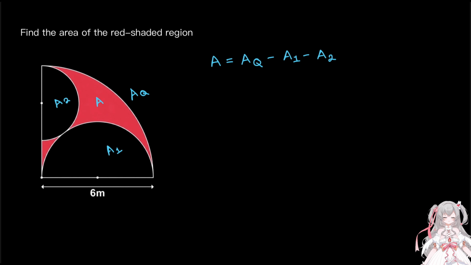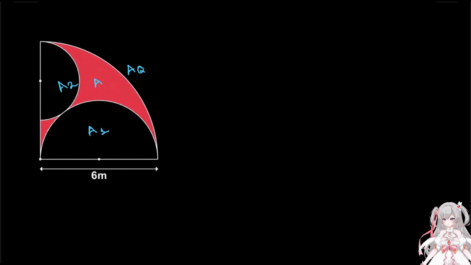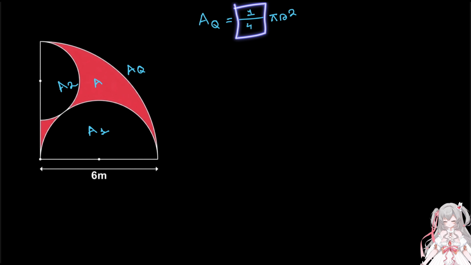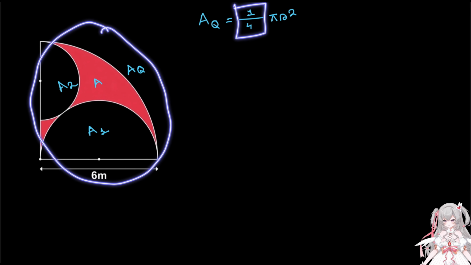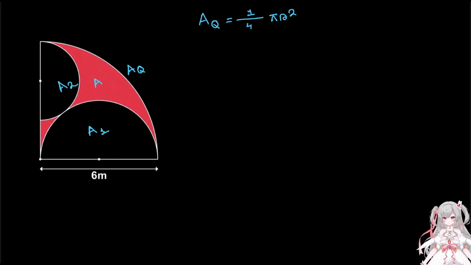Now, let's move on to the second part of this problem, which is finding the values of these respective variables. Here, let's start off by finding the value of AQ. In order to find it, we need to set up this formula: AQ is equal to 1/4 pi R squared. The reason for writing 1/4 here is that the whole figure is basically a quarter circle, for which we would need this 1/4 pi R squared value.